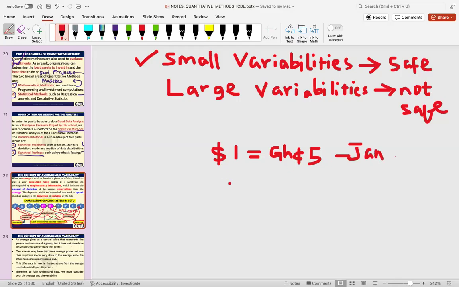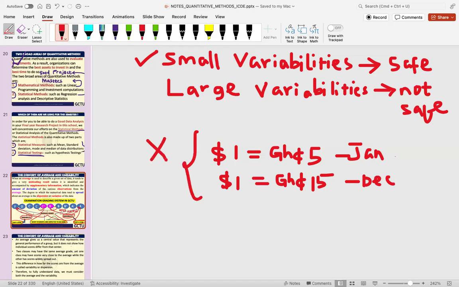And then the same $1, when we got to December, it has changed to 15 cedis. This will not be acceptable by the consumers because the variability is too much.